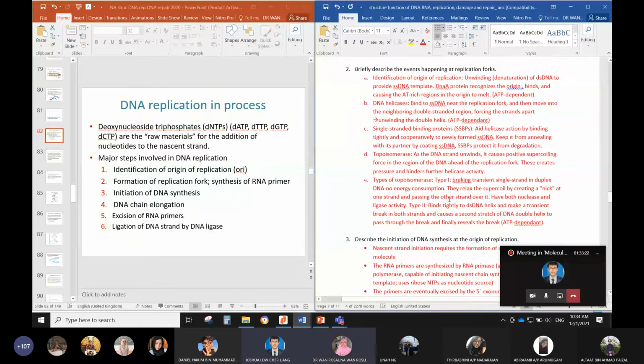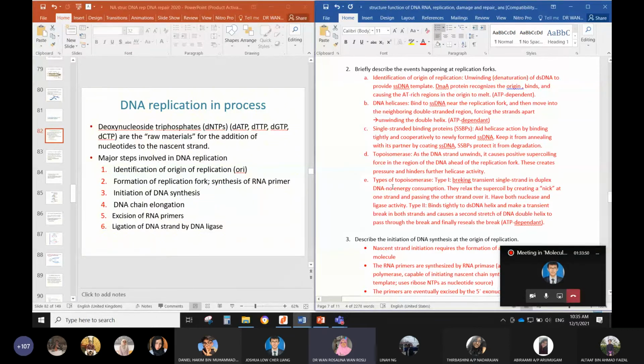Sorry, it's okay. So the previous question, we discussed what happens at the replication forks, what happens when it wants to start the replication. But the next question is asking how it starts the DNA replication itself. Now you have opened up that region. How do you start the replication process?